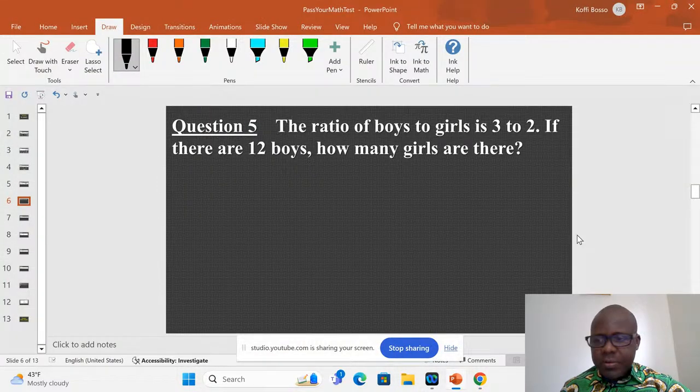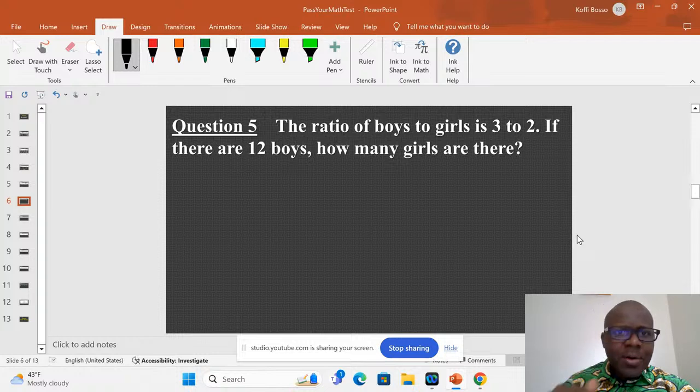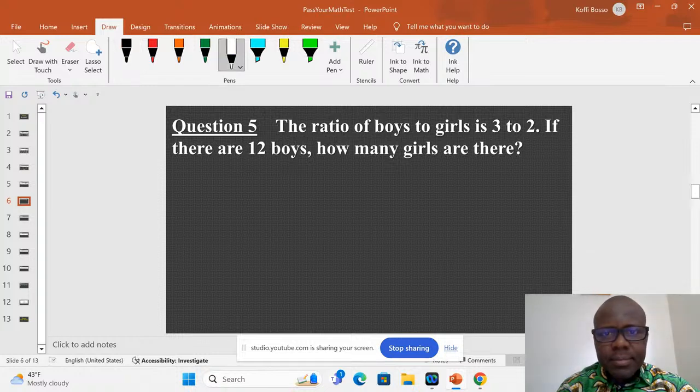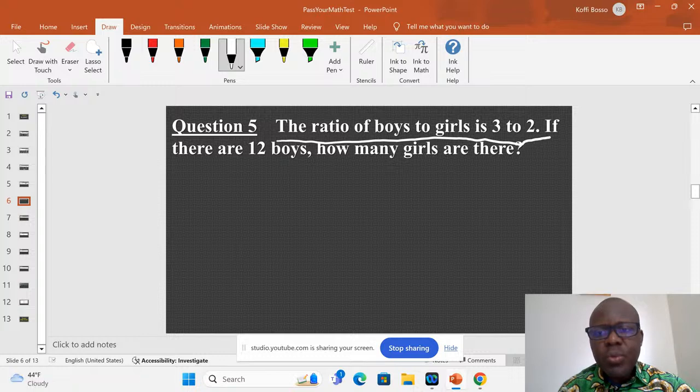Question number 5, without a calculator. Okay, so let's see this. The ratio of boys to girls is 3 to 2. The ratio. So we have 3 different ways to write the ratio.